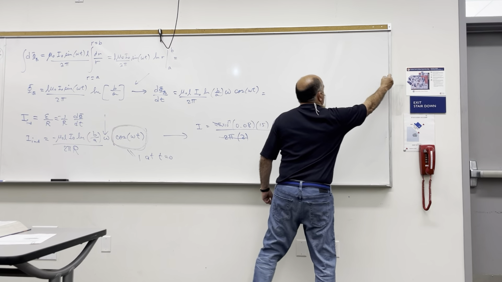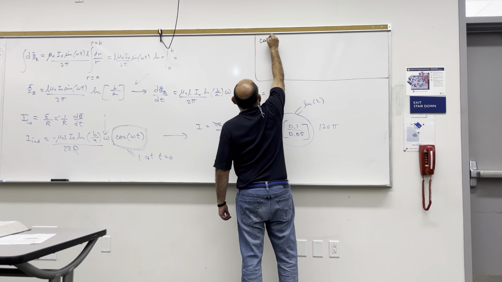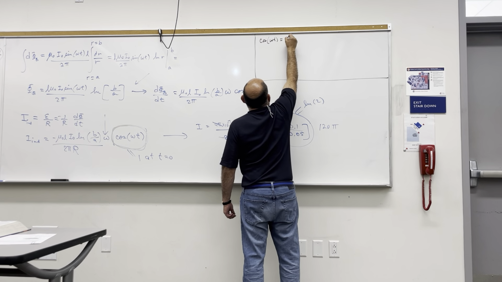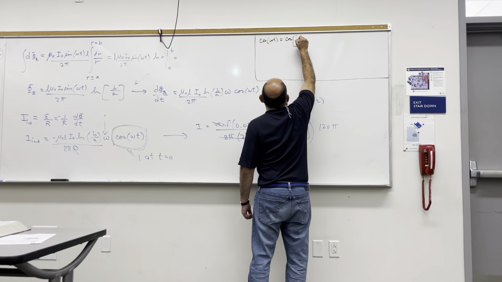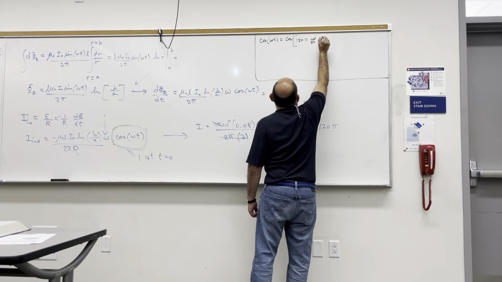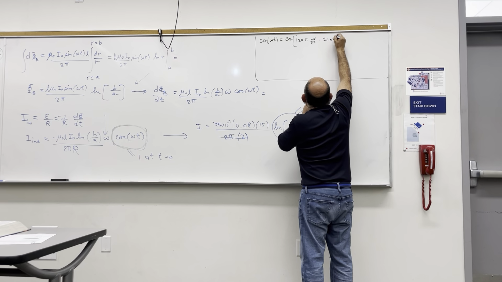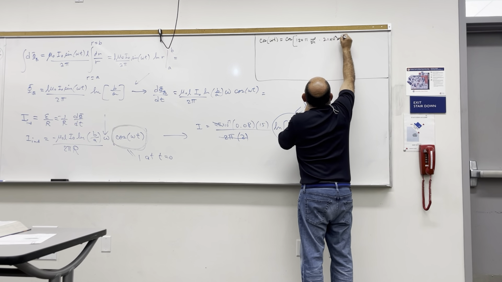So what is this? That'll be the cosine of, this is 120 pi. Notice that this is in radians per second. I'll put in the units. And then the time is 2.1 milliseconds. 2.1 times 10 to the minus 3 seconds, right? So this cancels that.